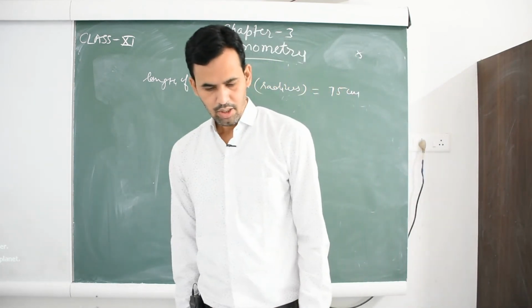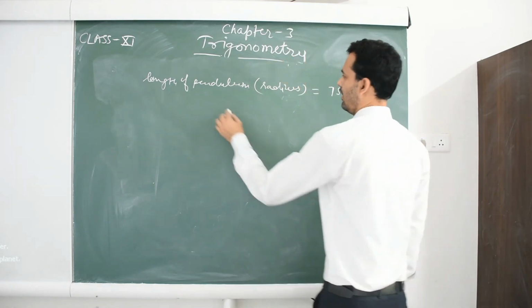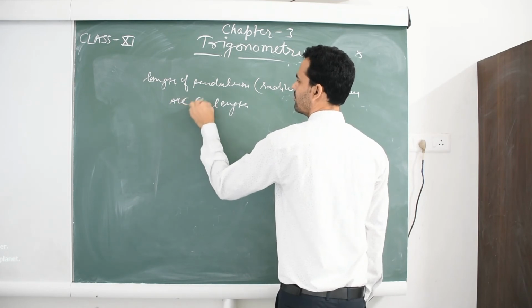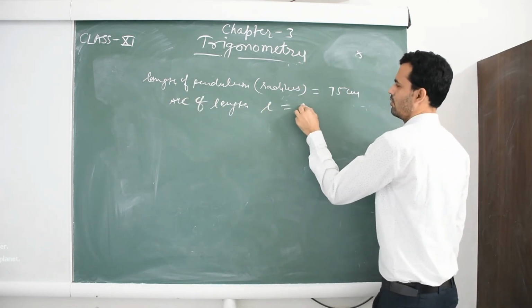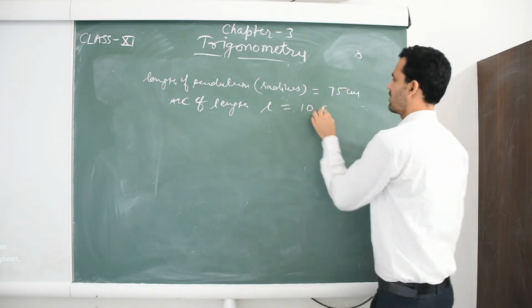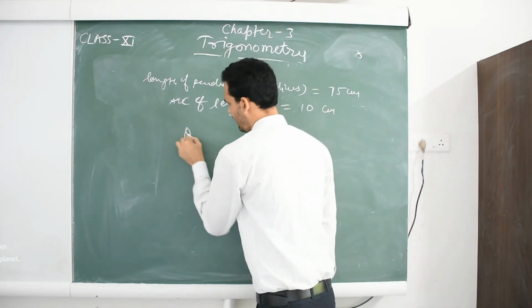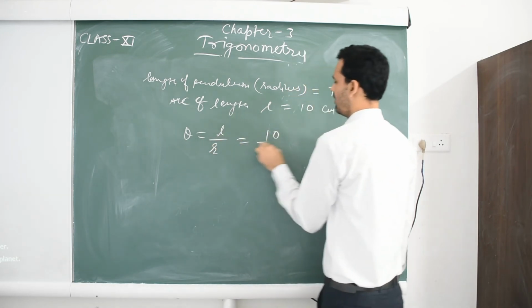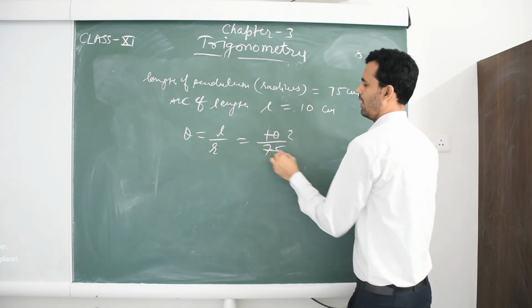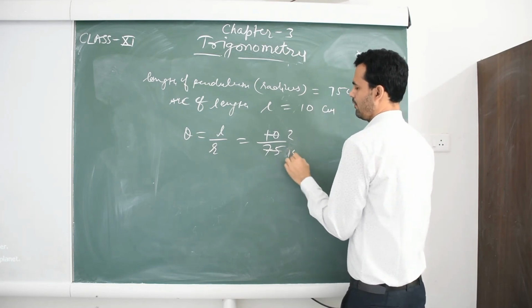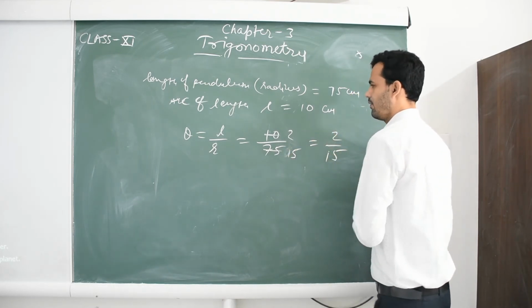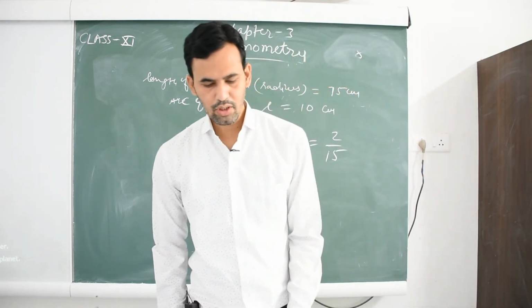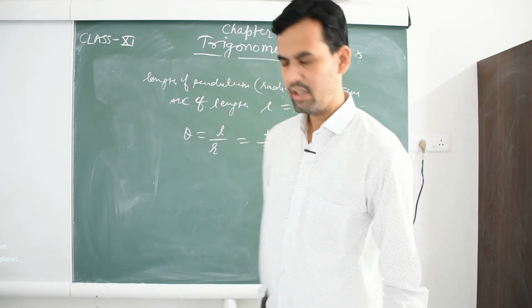And the tip describes an arc of length L equals 10 centimeter. We have to find theta. Theta is equal to L upon R. It means 10 upon 75, 2 by 15. It is 2 by 15. So this is all about exercise 3.1.